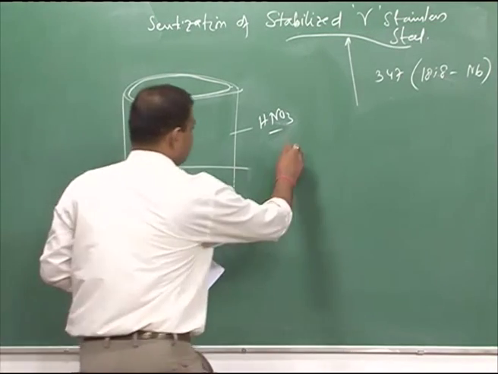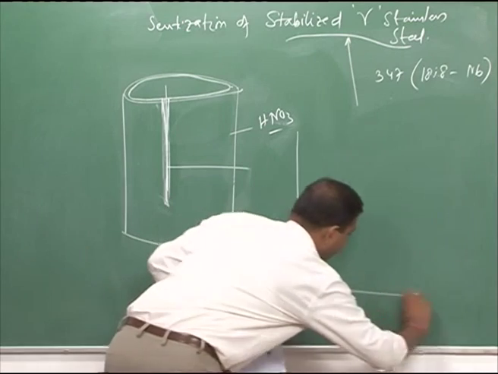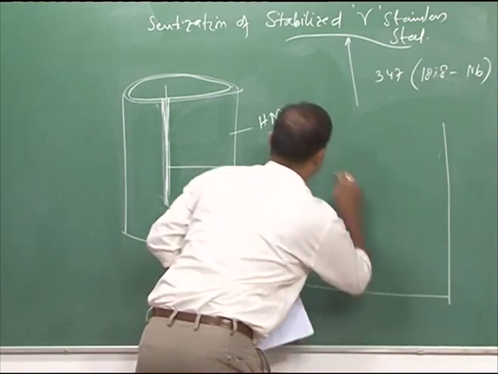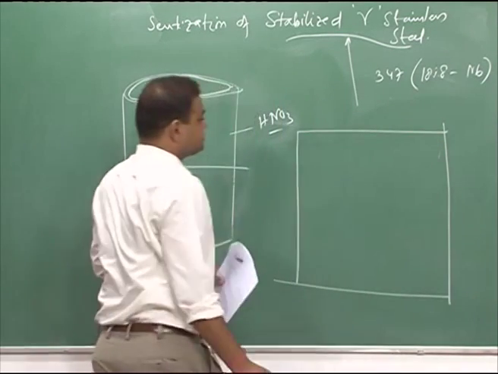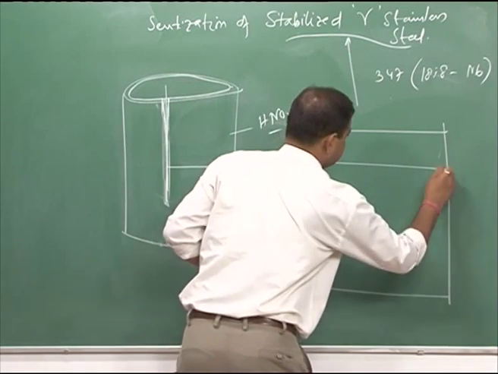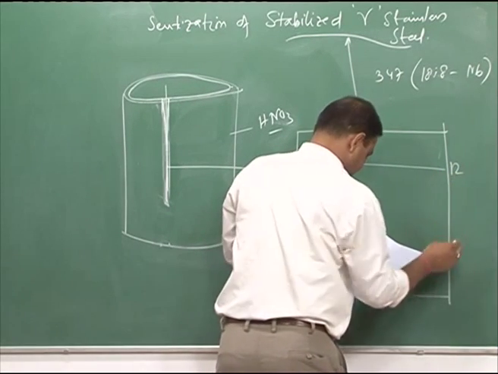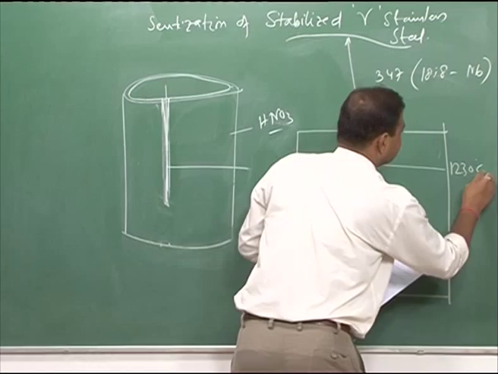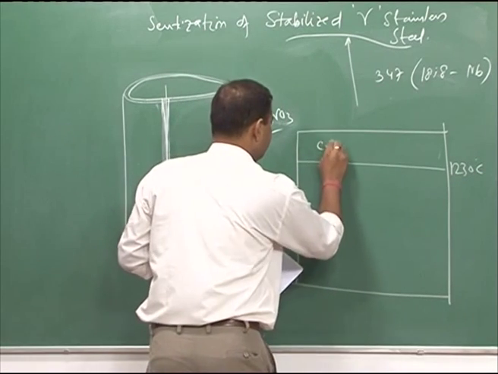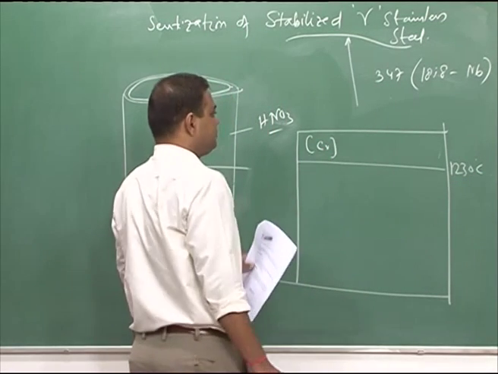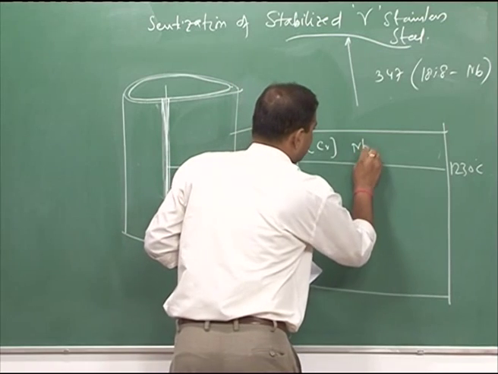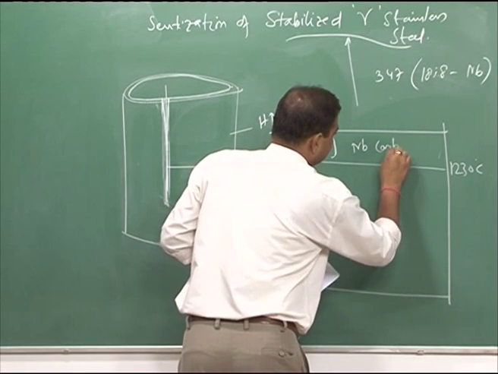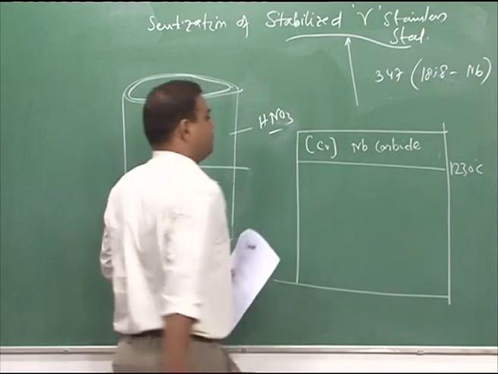Now, if we see the different levels where different carbides can form, let us say this is the level around 1230 degrees Celsius, where chromium stays in solution and niobium carbide forms.